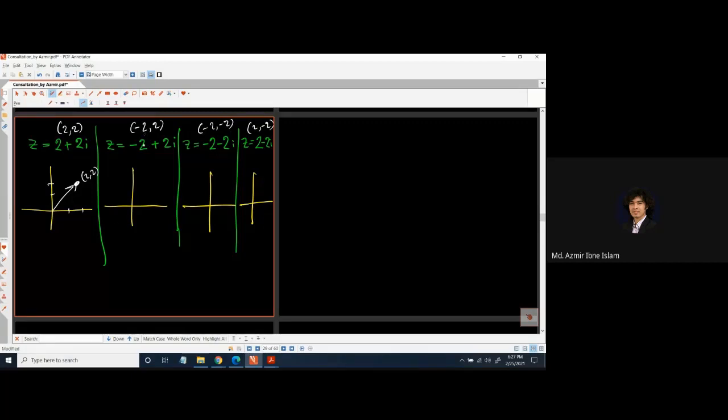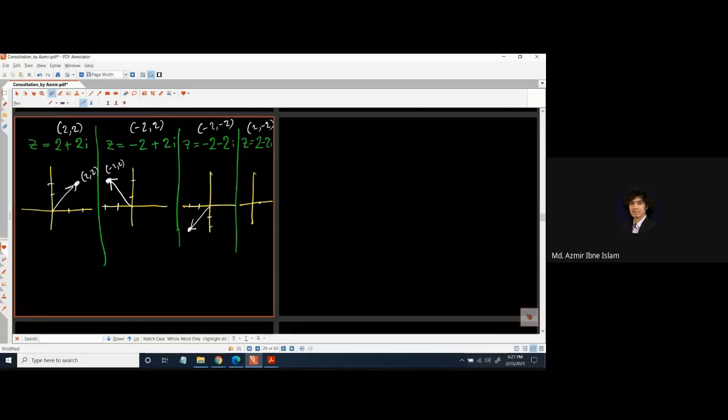Let's look at the second one, negative 2, comma 2. So negative 2 and positive 2. It will be here, right? Yes, sir. So it is in the second quadrant. What about the third one? Negative 2, negative 2. So it is in the third quadrant.